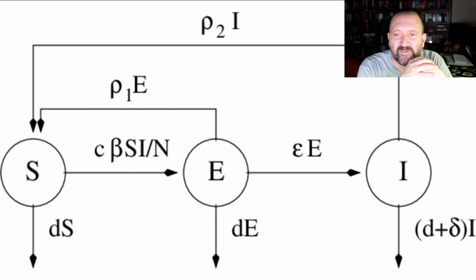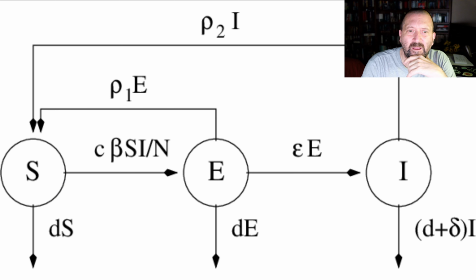So the model they consider is this very simple model. What's important here is you can see there is disease-induced death here. Recall that when you have TB, you can be latent for many years, and so this is a model that makes a very simple description of this.